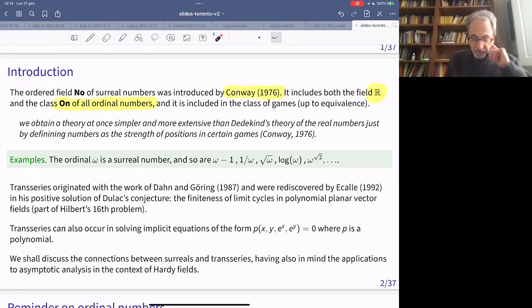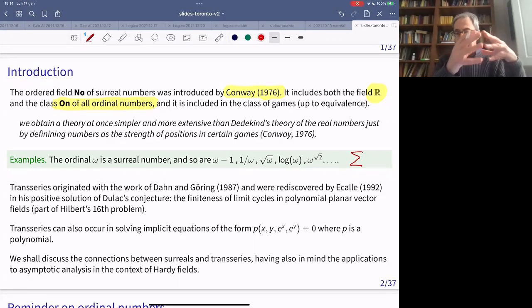Moreover, it also has a notion of infinite sum. Once you introduce infinite sums, you can speak about certain kinds of analytic functions because they can be defined using infinite sums.